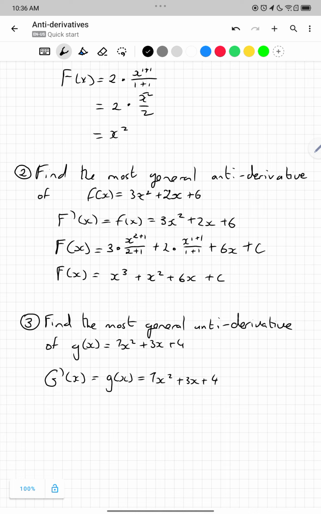So G of x will be 7 x to the 2 plus 1 all over 2 plus 1, plus 3 x to the 2 all over 2, plus 4x plus c.